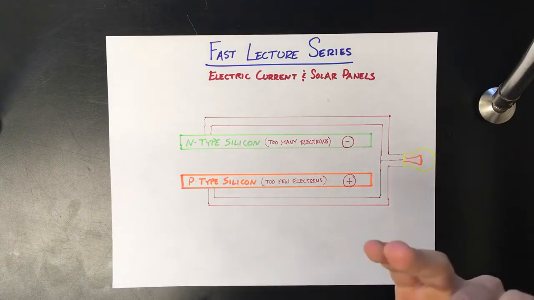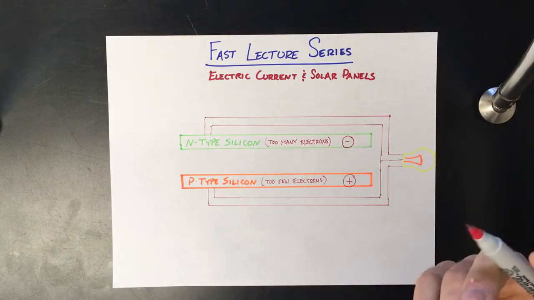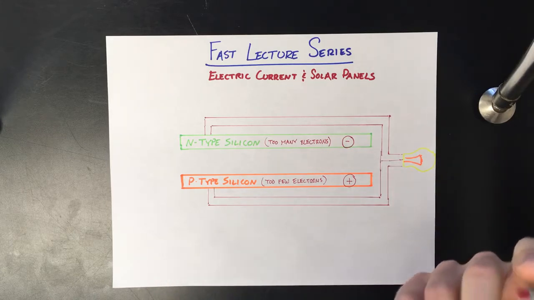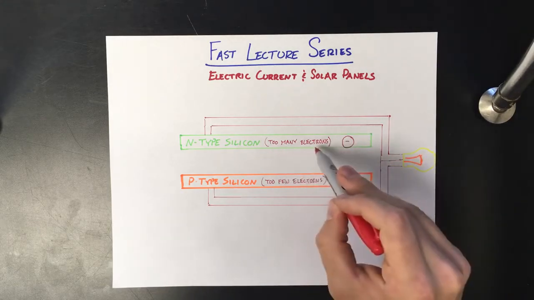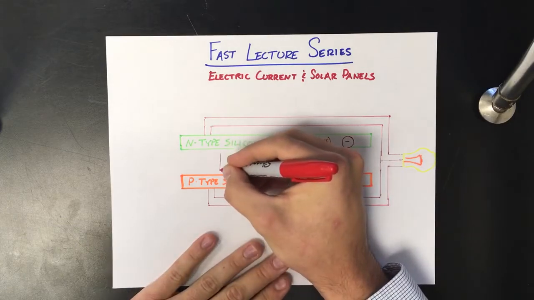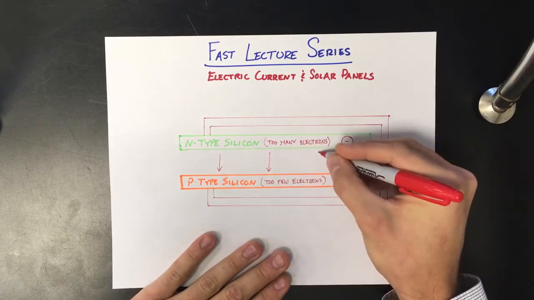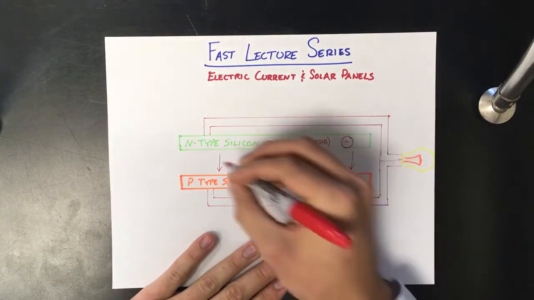And what we already know, based on the second law of thermodynamics, is that things are going to flow from a high to low concentration until they reach some kind of equilibrium. In this case, if you have too many electrons over here and too few over here, you're going to start seeing this flow of electrons that are traveling towards this p-type.